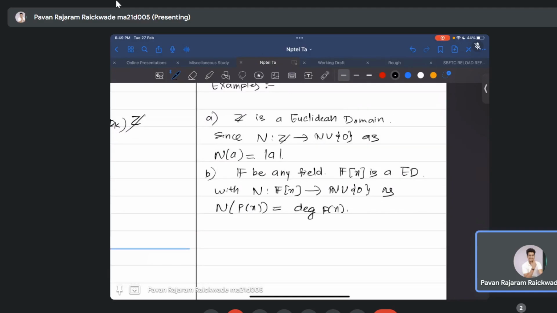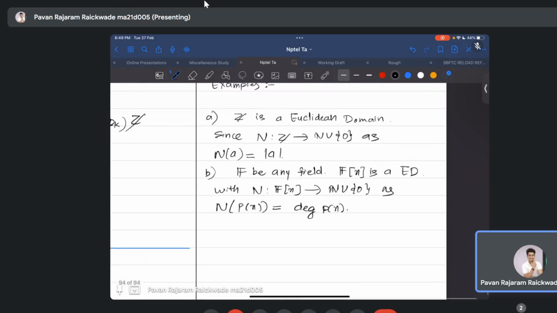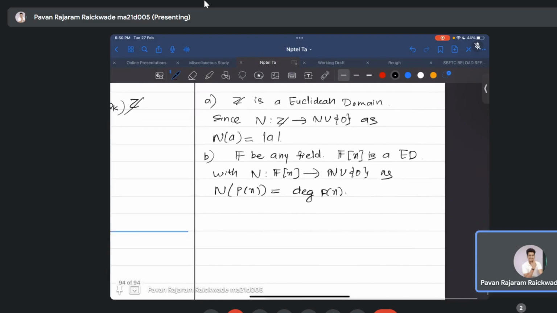What is so special about Euclidean domains is that they force every ideal to be a principal ideal. Okay. So the following proposition follows.